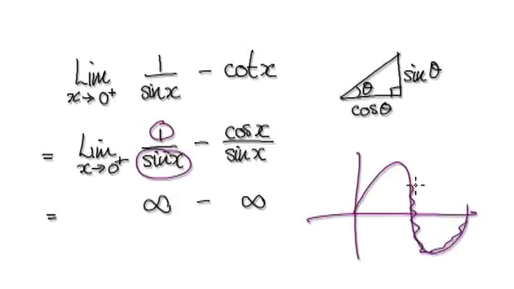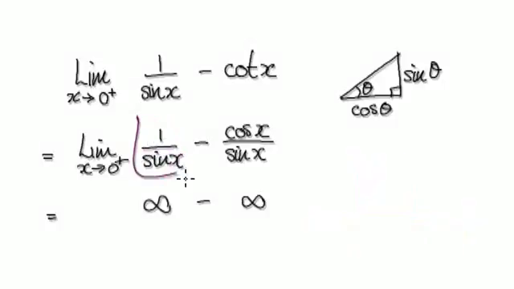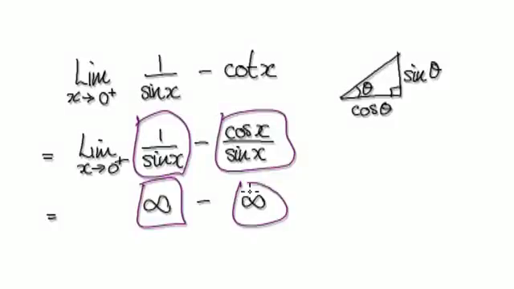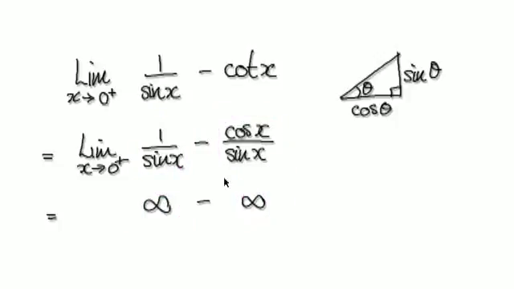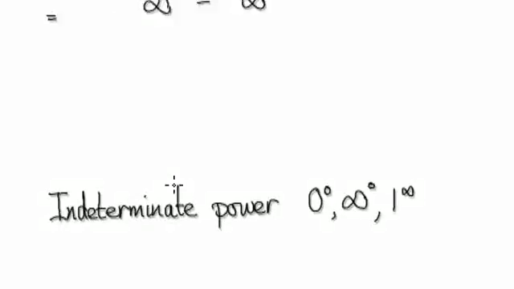As you head towards 0 from the positive side, you are heading towards 0, and then you've got 1 over 0. That will lead this whole thing to be infinity. So infinity take away infinity, you can't really tell. So this here is another example of an indeterminate form.